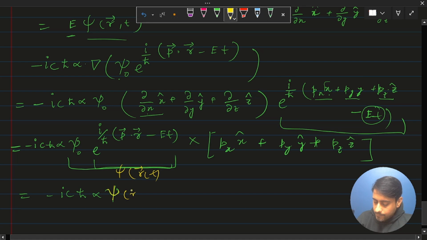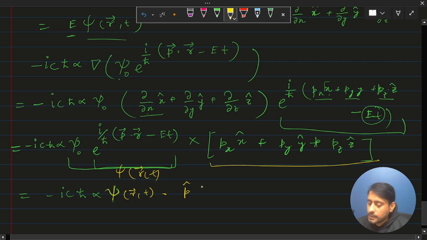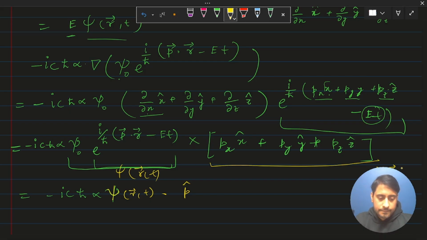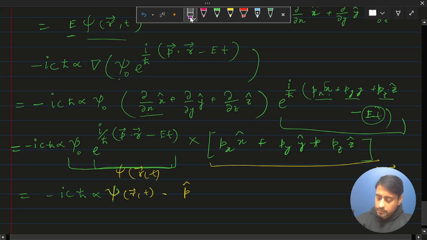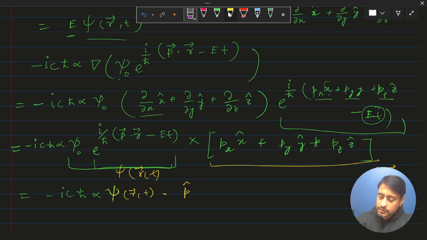So this is psi of r comma t multiplied with this. What is this? It is simply px plus py plus pz, so this will give you the p vector, but in our case we are writing it as p operator. I think this is not an operator, because we are basically already acting on the wave function.